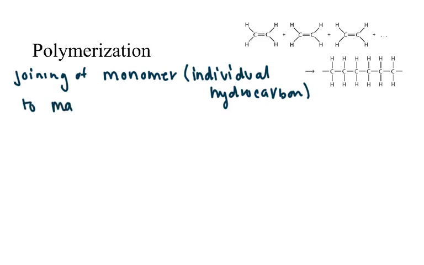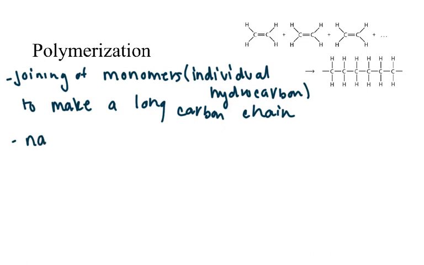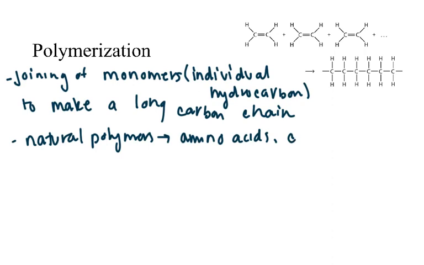To make of monomers to make a long carbon chain. Okay, so we have natural polymers. Like I said before briefly, these are amino acids, cellulose in plants.